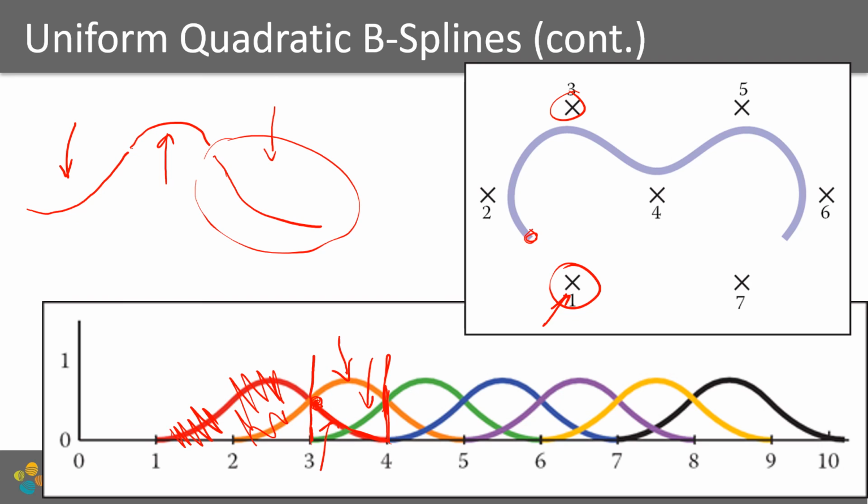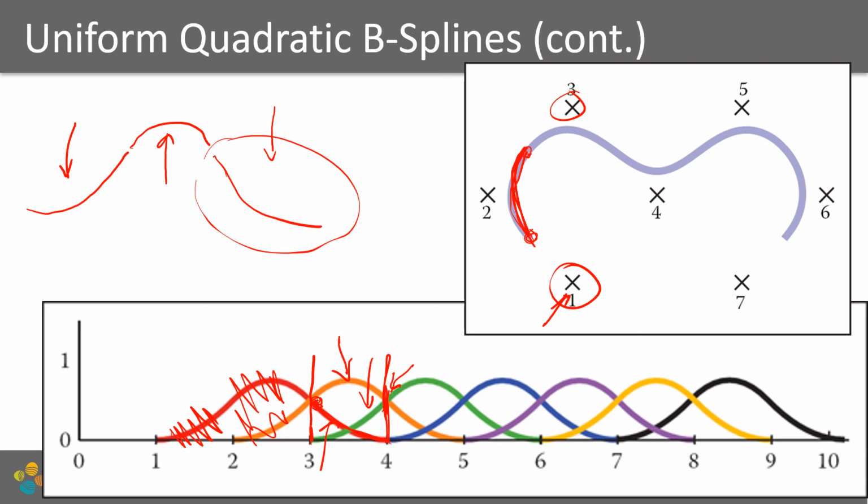And then it will end up where the first point had no contribution, in the middle between the second and third point. We can see that they are meeting, the contributions of the weights are equal here. So this is the first segment, between the parameter interval 3 and 4.